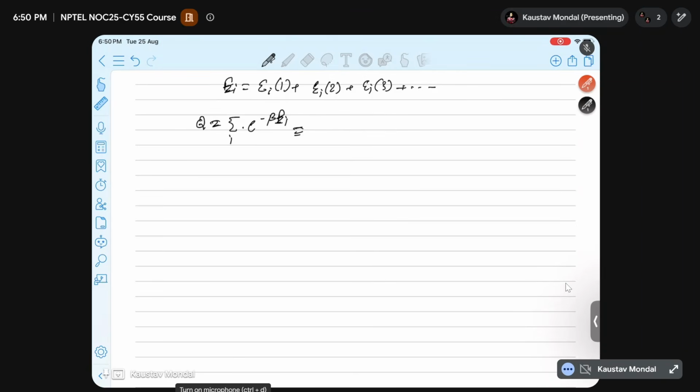It looks like this: the summation over i of e to the power minus beta E_i1 plus e to the power minus beta E_i2, plus and so on, up to e to the power minus beta E_in.